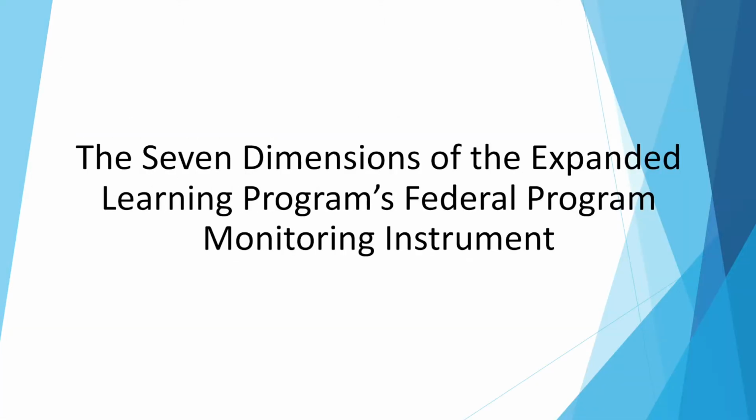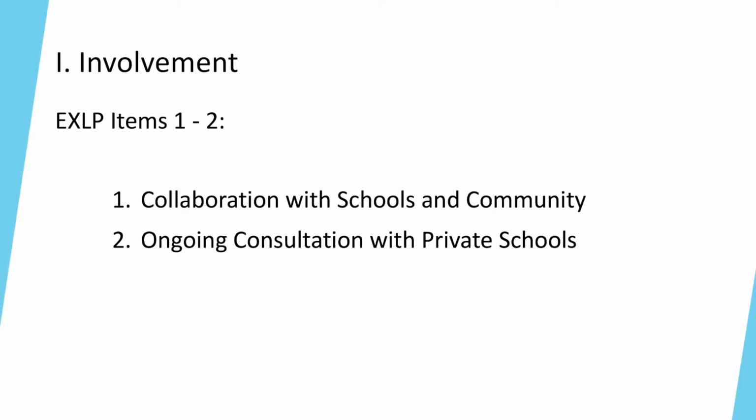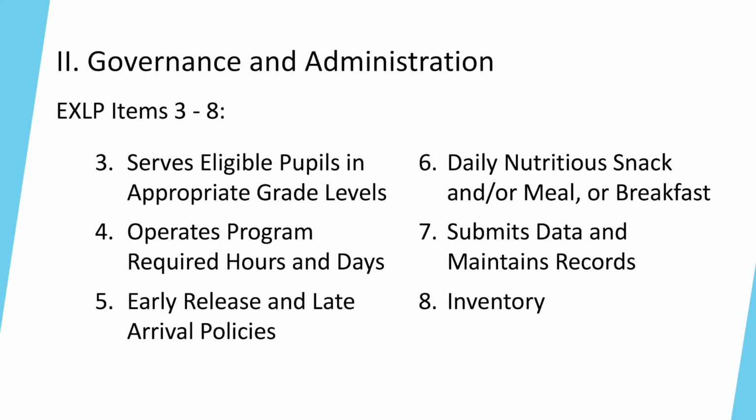The EXLP FPM instrument is broken down into 7 dimensions. The first dimension is involvement, which covers the first 2 EXLP items: 1, collaboration with schools and community, and 2, ongoing consultation with private schools. Dimension 2 covers items relating to governance and administration.